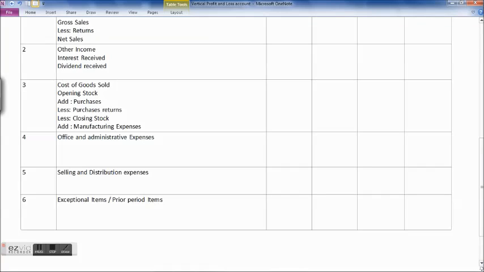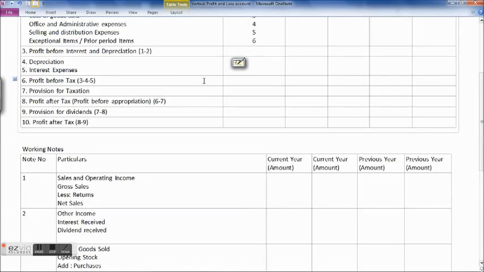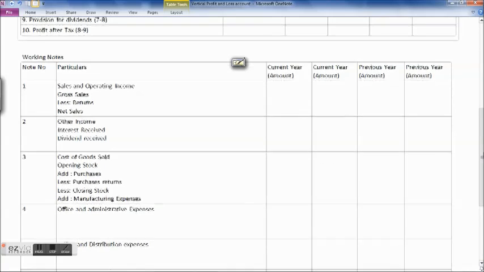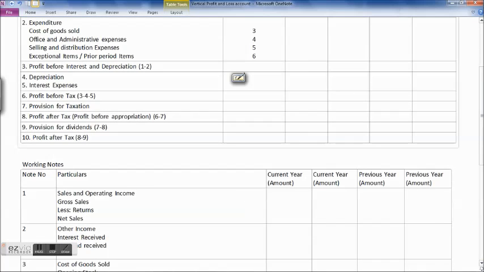The same will come in working note number 6. Or there may be some expenses which are exceptional in nature. For example, a loss due to fire. That is not a recurring expense, right? It is an exceptional item, so it will be included in your note number 6. Once you do that, you have profit before interest and depreciation.